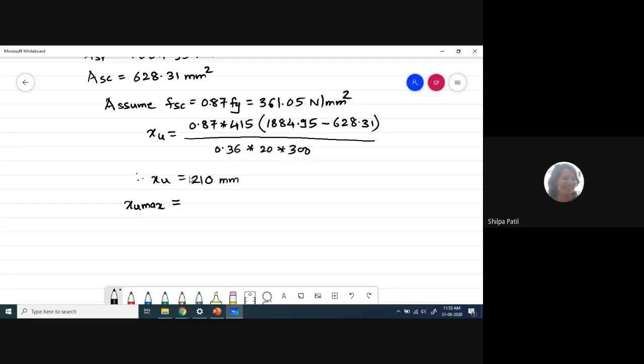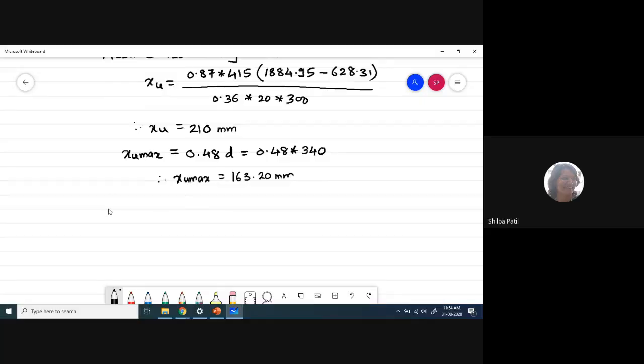So look into the IS code and tell me for Fe 415. 0.48 into D. Correct. 0.48 into D is 340, so XU max is 163.20 mm.